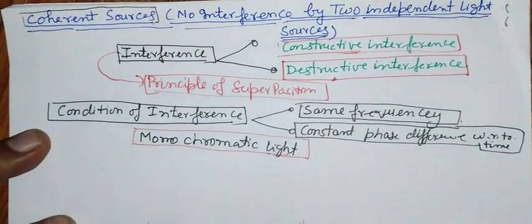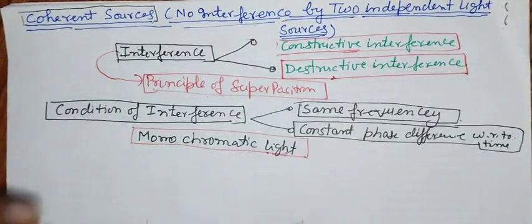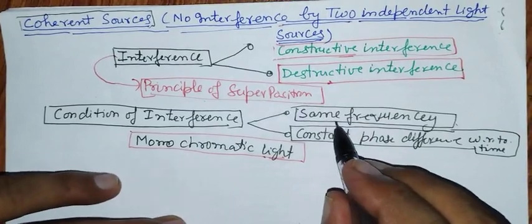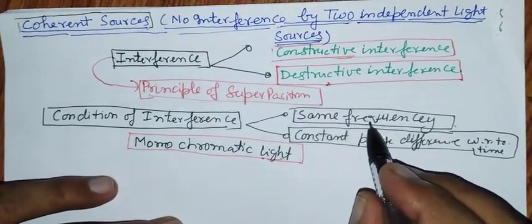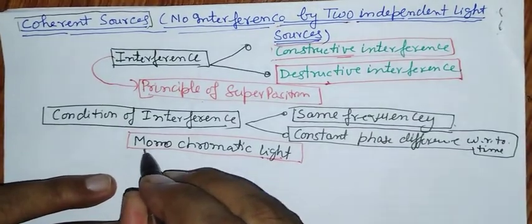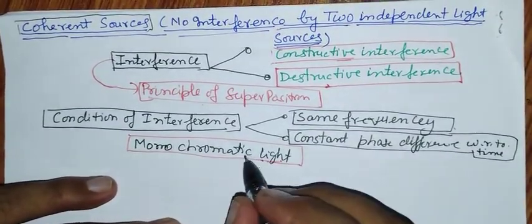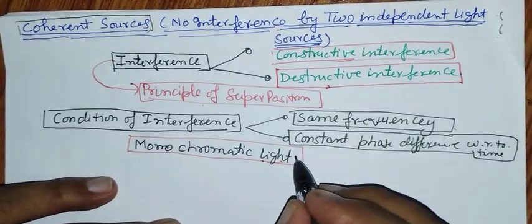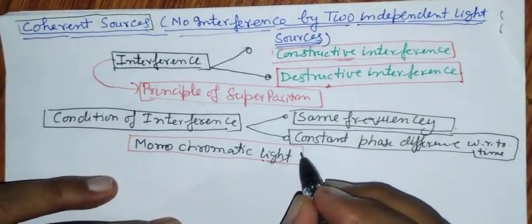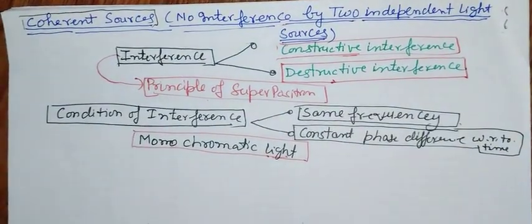Monochromatic light refers to light of a single color, or single frequency or single wavelength. A range of frequencies is not required; exactly the same frequency is required.